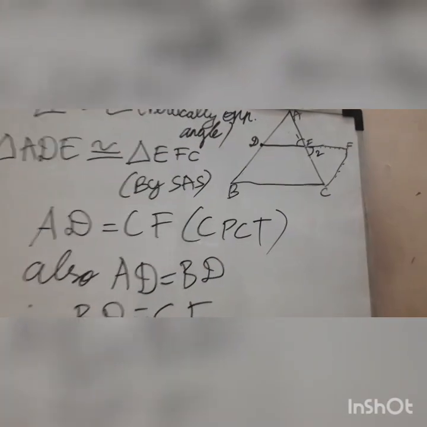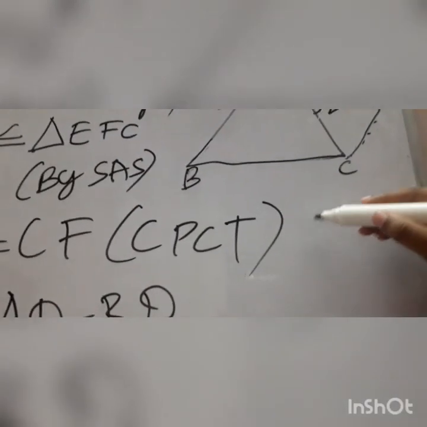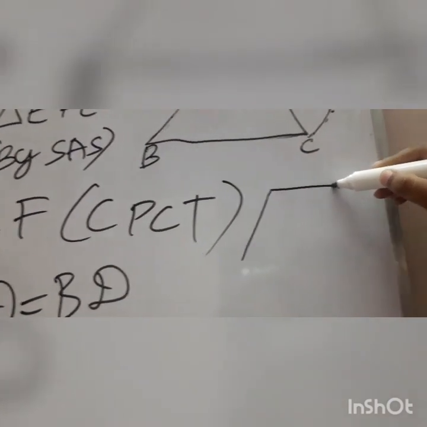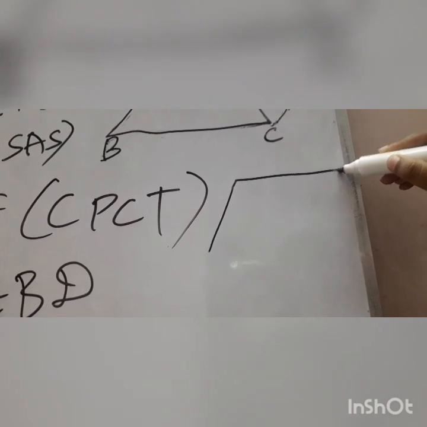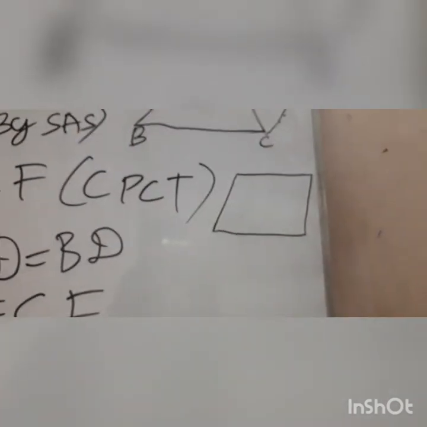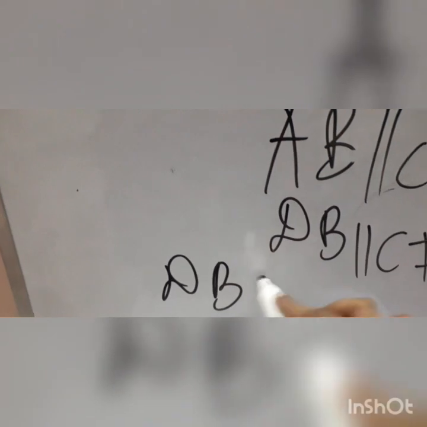Now you notice the figure. When you take B, D and F, C, it is like a parallelogram, right? So we can write here that DBCF is a parallelogram.